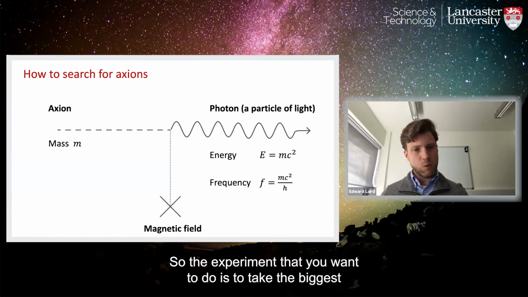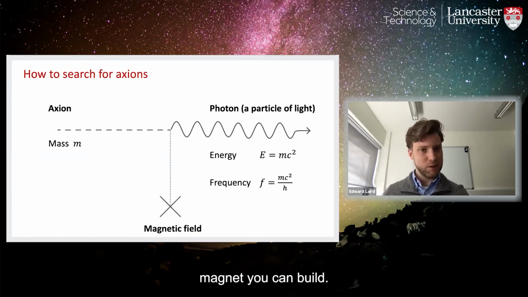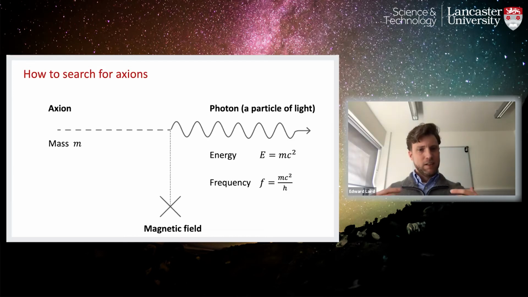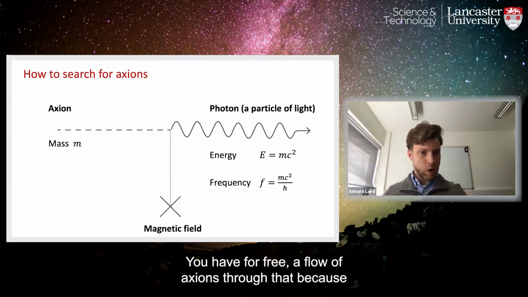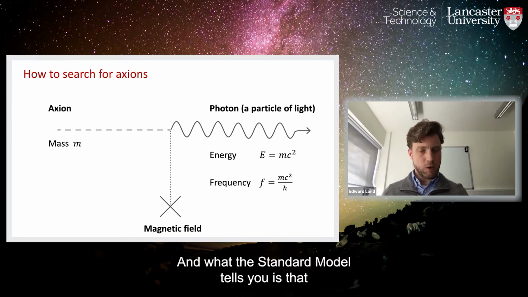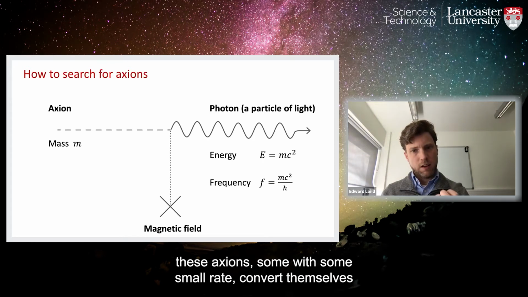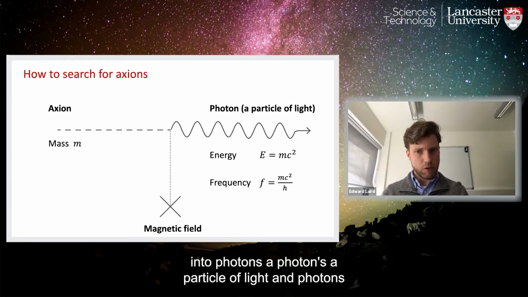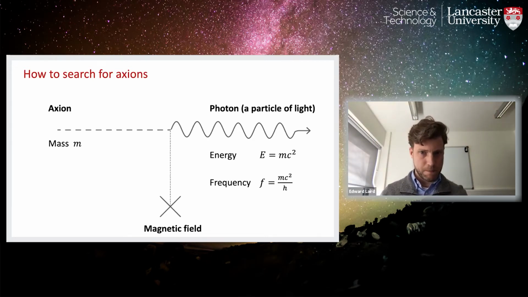So the experiment that you want to do is to take the biggest magnet you can build. You have for free a flow of axions through that because they're in the galactic halo. And what the standard model tells you is that these axions, with some small rate, convert themselves into photons. A photon is a particle of light, and photons we know how to detect.